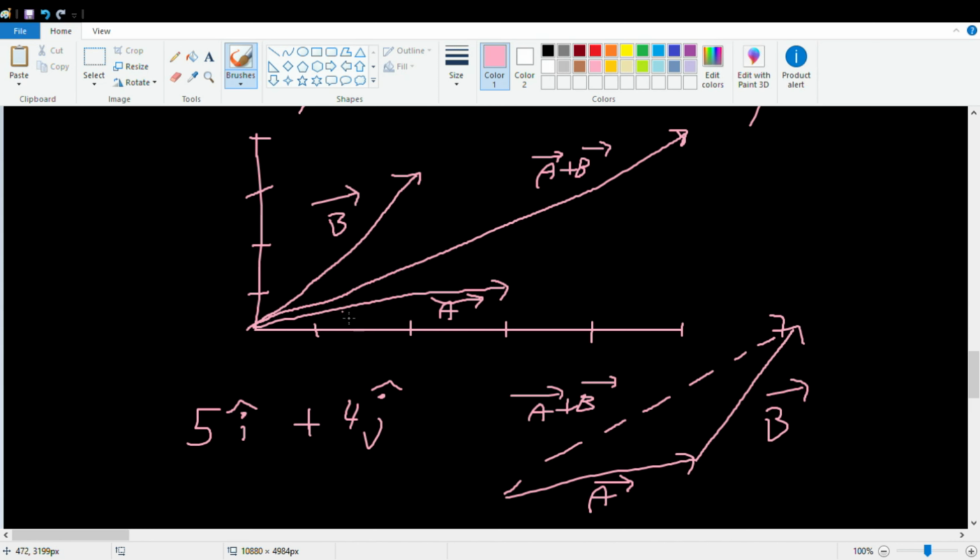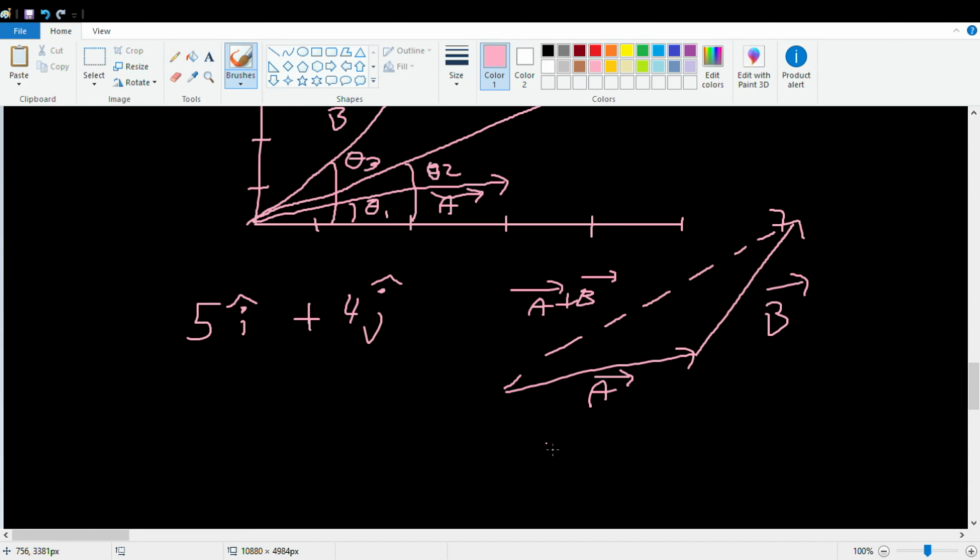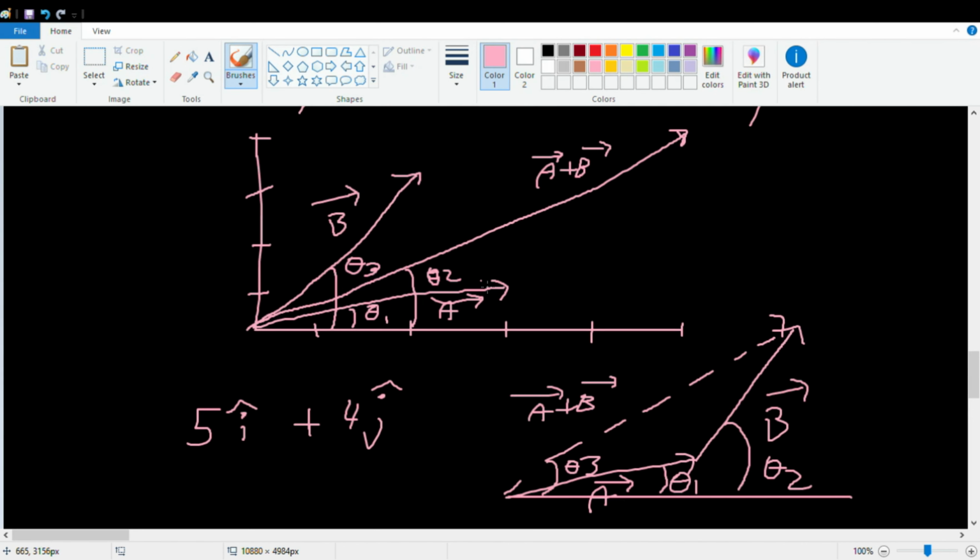Okay, the angle for A, let's call it theta 1, is smaller than theta 2, which is going to be A plus B. And check it out, theta 3 for vector B. Let's prove it mathematically. So theta 1, and then theta 2, theta 3. Now you see up here, theta 1 is less than theta 2.